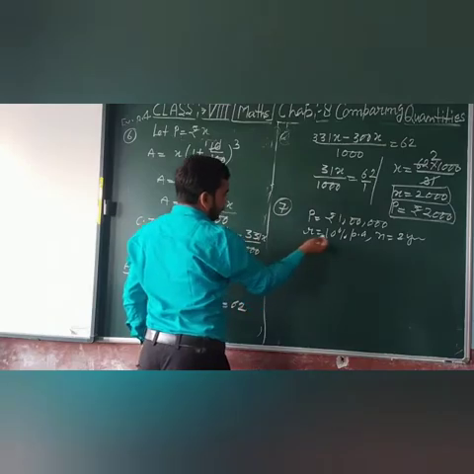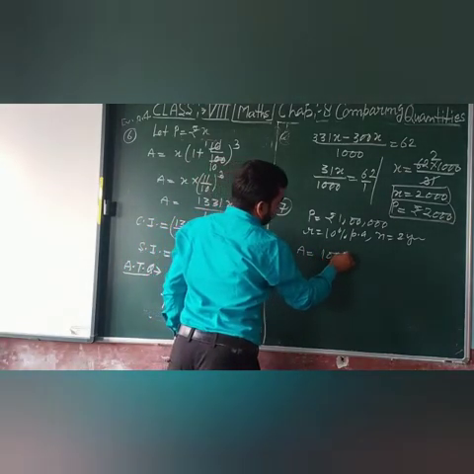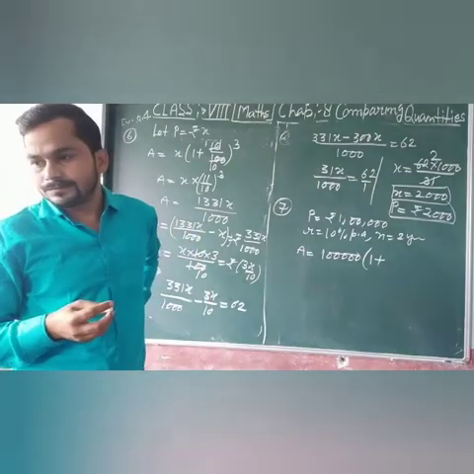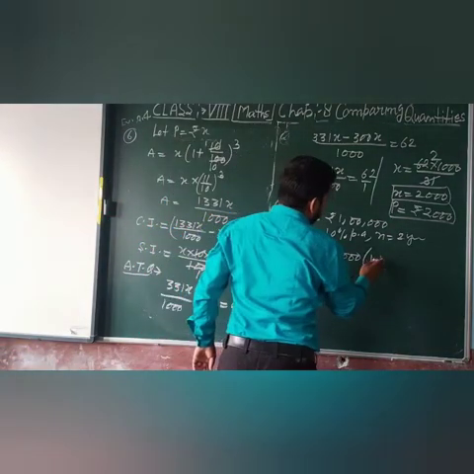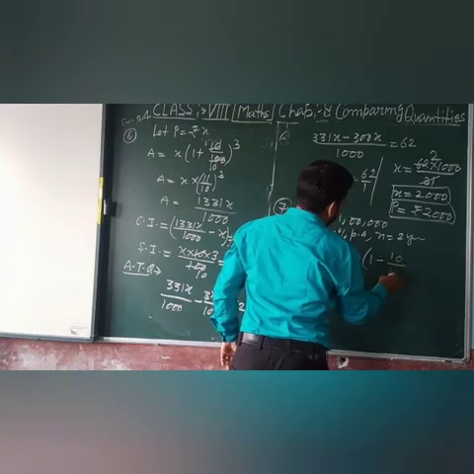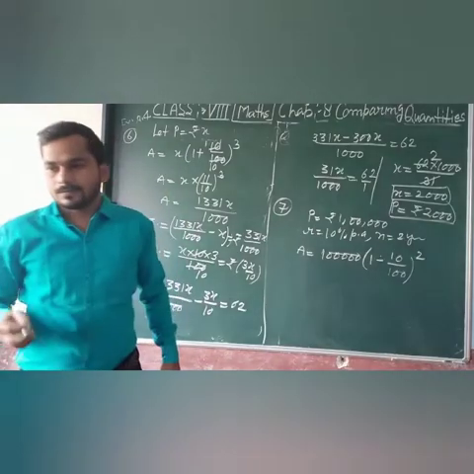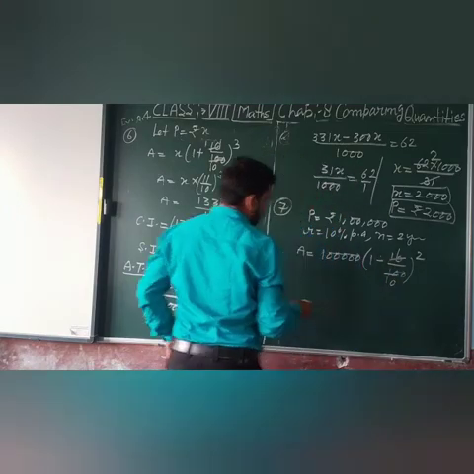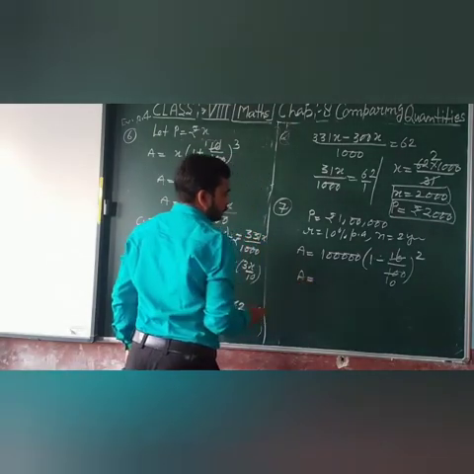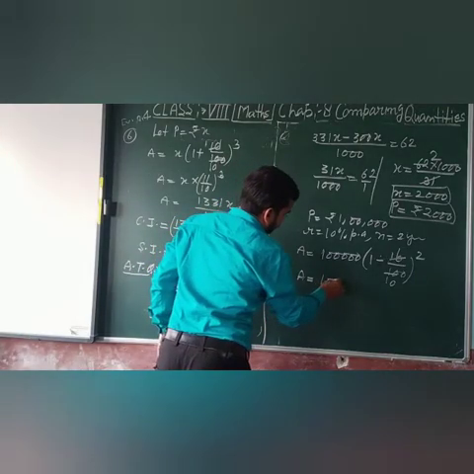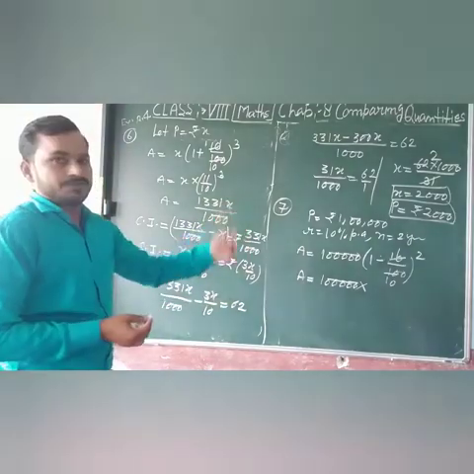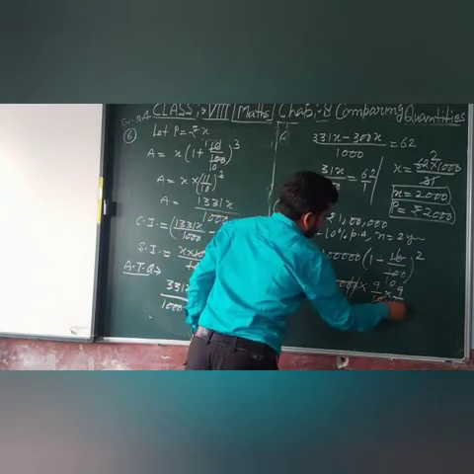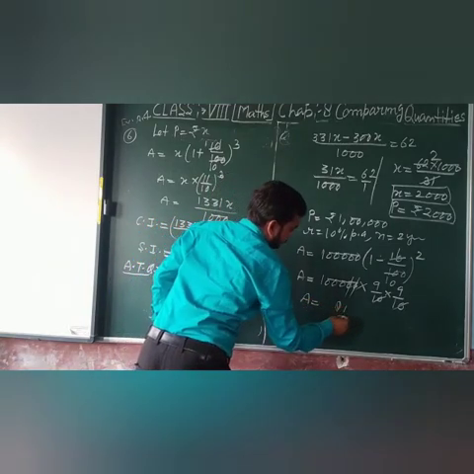To find the amount, because value depreciates, so amount equal P, 1 lakh, into (1 minus r), 1 minus 10 upon 100 whole power 2. 10 बटा 10, 10 बटा 100. तो 1 lakh into 10 बटा 10 minus 1, 9. तो 9 upon 10 into 9 upon 10. 2 zeros divided by 2 zeros. तो 9 9 जा 81 and 3 zeros, 81,000.